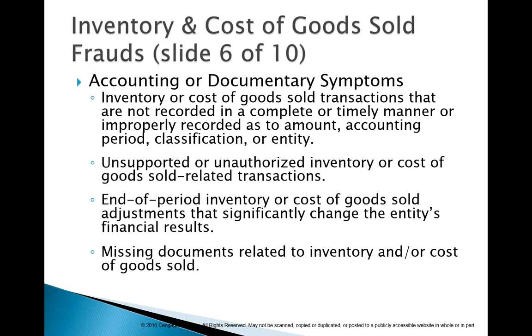All of this could lead you to believe that maybe there's something suspicious going on. So anytime there are incomplete records, especially related to inventory, because the recording of inventory is complex, and you don't get a clear picture of their capitalization process and how they actually record inventory, you're going to be suspicious.